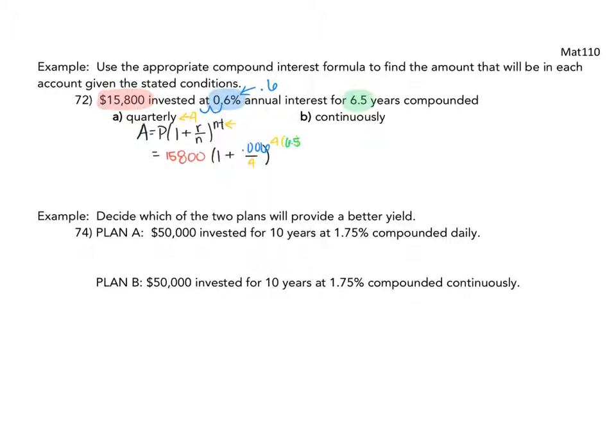Now the way you type this into your calculator does matter. The first thing you want to do when you're typing this in is do this inside part first. Anytime you type a fraction in your calculator, you have to put parentheses around it. So when I type that thing in, I got 1.015.